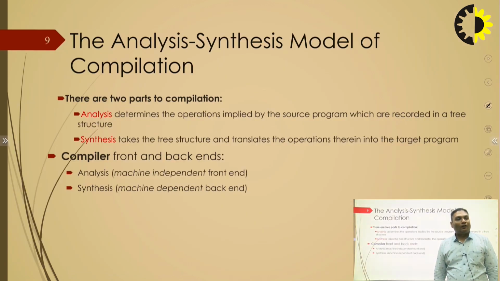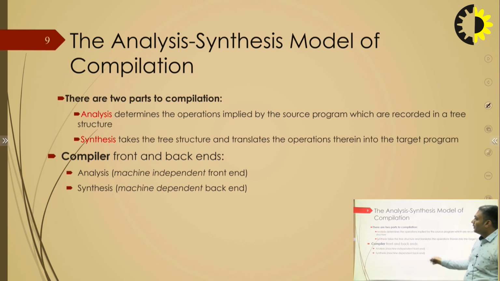Now let's see what the analysis and synthesis model of compilation is. As I told you, the different phases of the compiler are grouped into 2 parts. The first 3 phases are called the analysis part, and the last 3 phases are called the synthesis part.